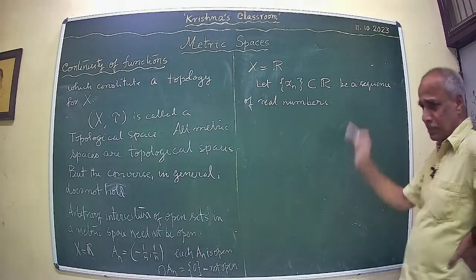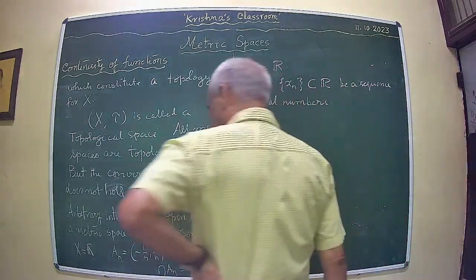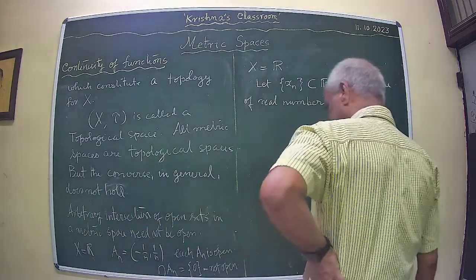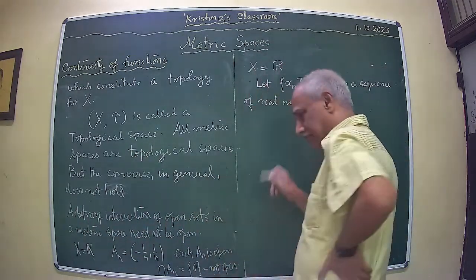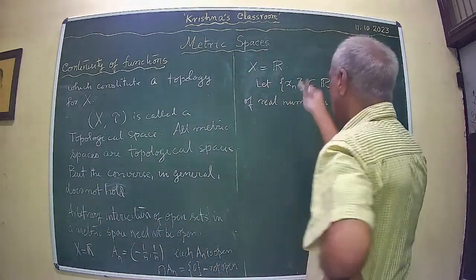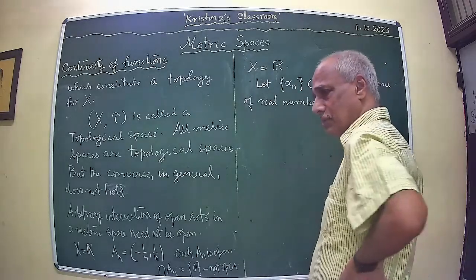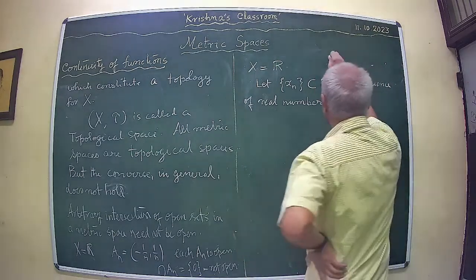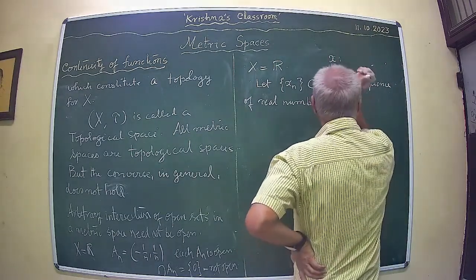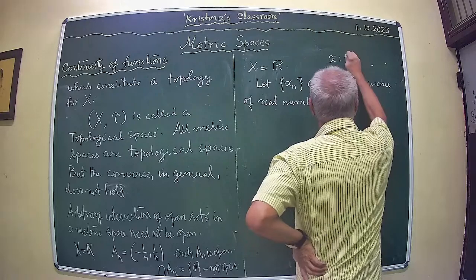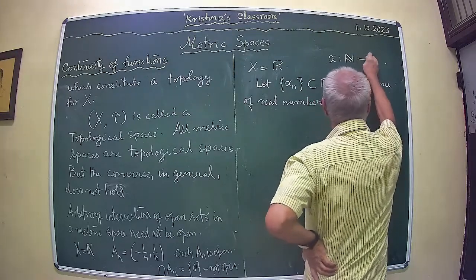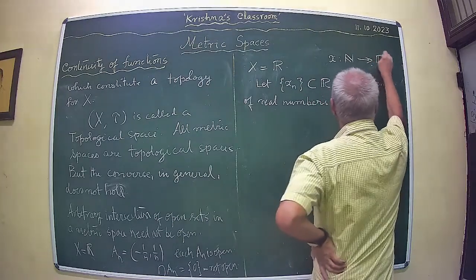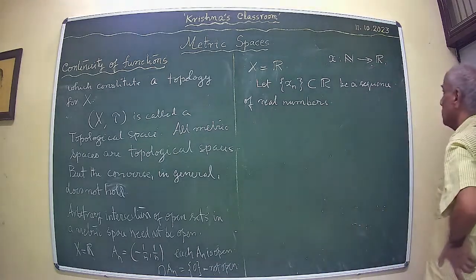I am not going into the definition of a sequence, because it is a map from the set of natural numbers to R, giving you a sequence of elements. So it is actually x mapped from N to R. This is a real sequence.